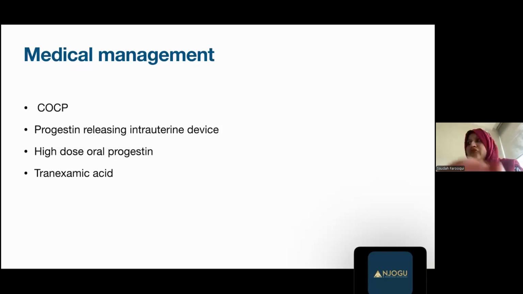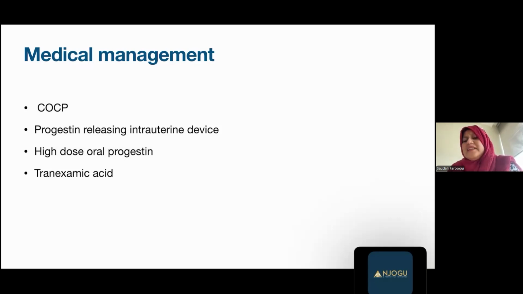So if you have very small fibroids and it's just a matter of the pain and maybe some heavy bleeding, yet it's not bringing your hemoglobin low, we could consider oral contraceptive pills, with the last option there being tranexamic acid. Tranexamic acid is an oral medication that basically reduces your bleeding.